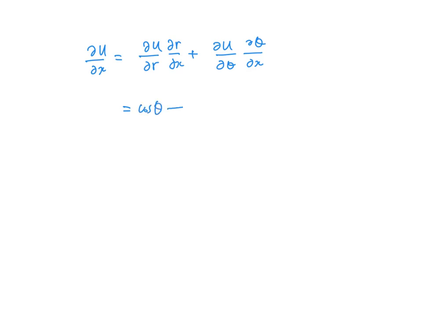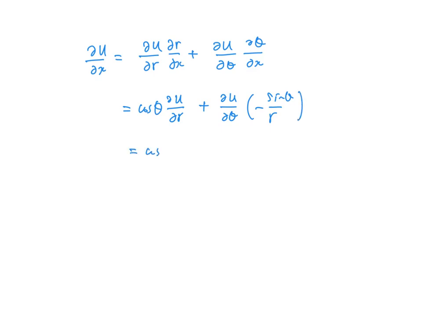I keep forgetting. So partial u, partial x is partial u, partial r, partial r, partial x plus partial u, partial theta, partial theta, partial x. And partial r, partial x is cosine theta. Partial theta, partial x is minus r sine theta, right?